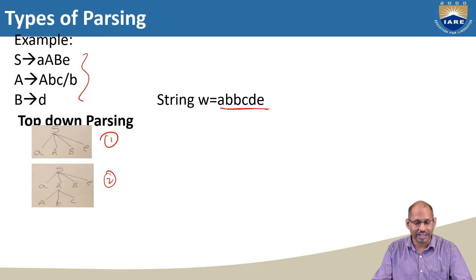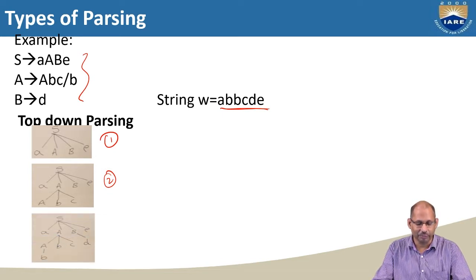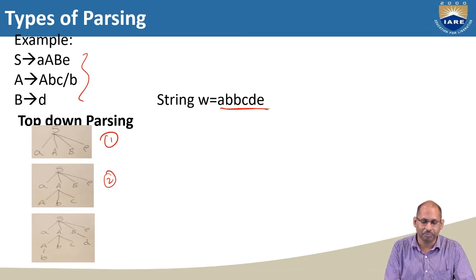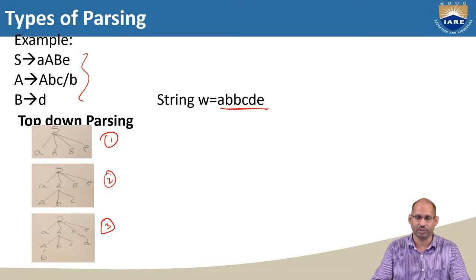In that, the A is derived with the help of the second production. Then finally, the capital A is derived to its B with production number 3. So our required string is derived with the help of the top-down parsing method.